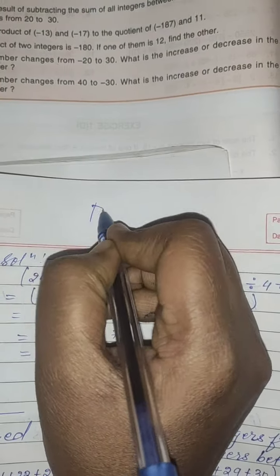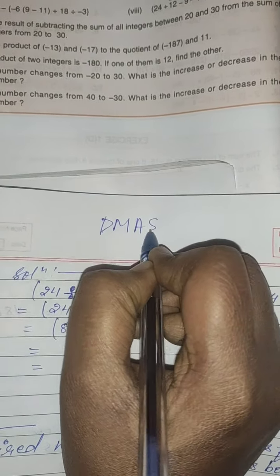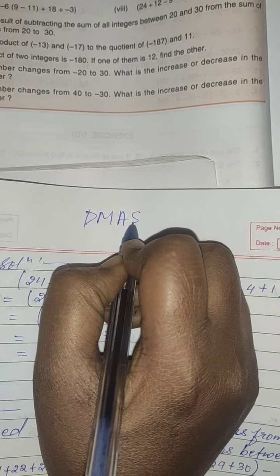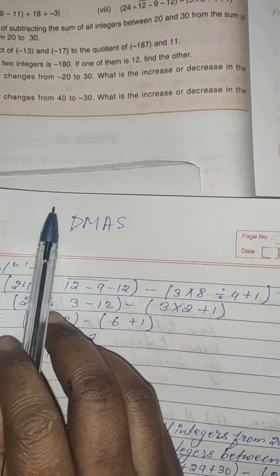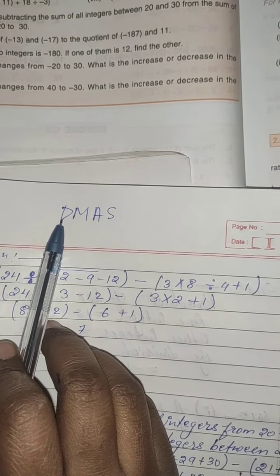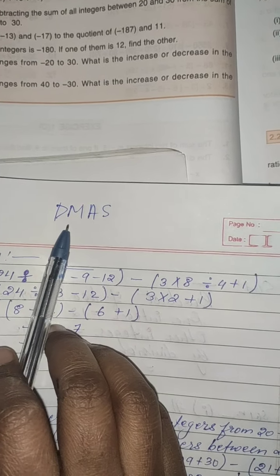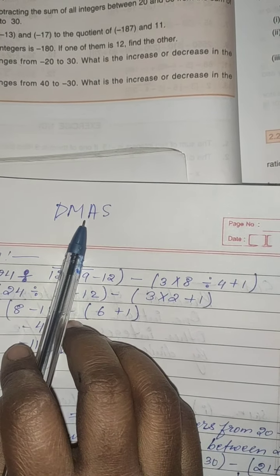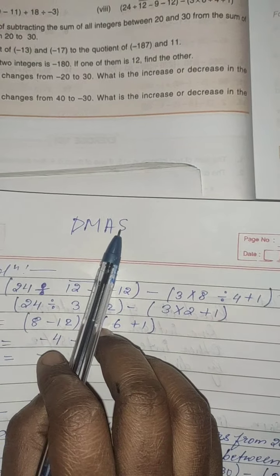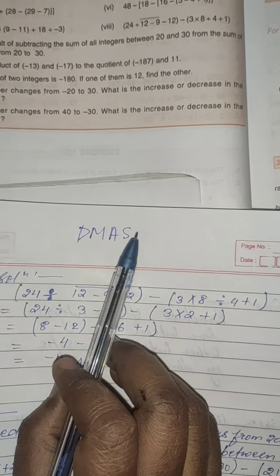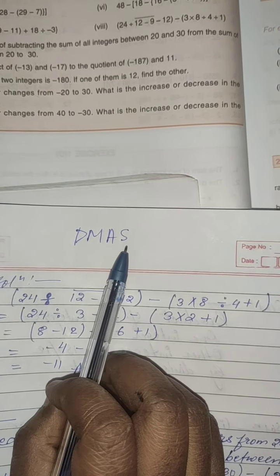Which rule, students? DMAS rule. First we have to perform division, then multiplication, then addition, and at last subtraction. We also use types of brackets.